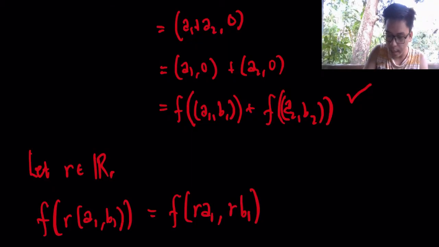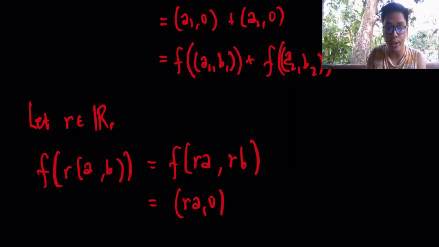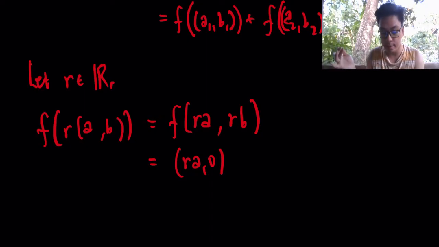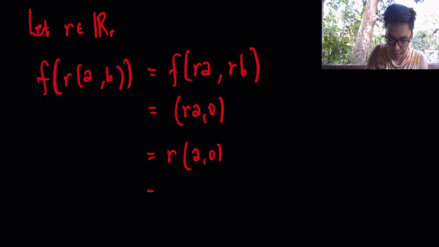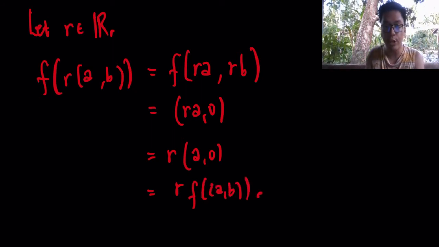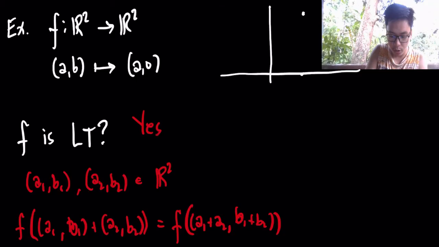So this is actually (ra, 0) by definition, which means the second coordinate is 0. And simply I can extract r here, and that will be r times (a, 0). And so the point (a, 0) is actually the output when we input the point (a, b). So that means that's actually r times f of (a, b). Therefore, condition 2 is satisfied, which implies that this mapping here is actually a linear transformation.